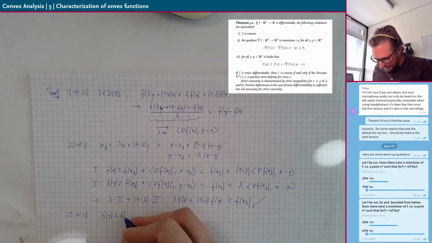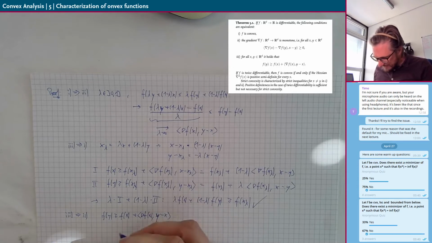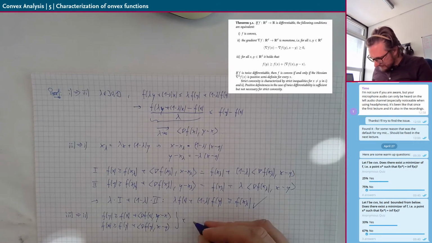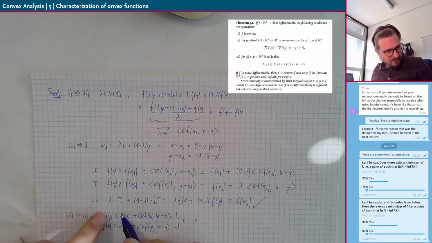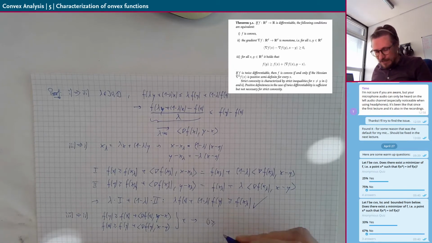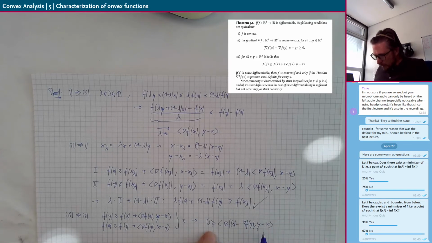f of x, f of y is larger or equal to f of x plus gradient f of x times y minus x, and the other way around, f of x is larger or equal to f of y plus gradient f of y times x minus y, and just adding them leads to these things here, which cancel out, and we get 0 is larger or equal to, let's say, gradient f of x minus gradient f of y, and then here y minus x, which is the right inequality because we have to flip here once and then we have to flip the inequality sign.